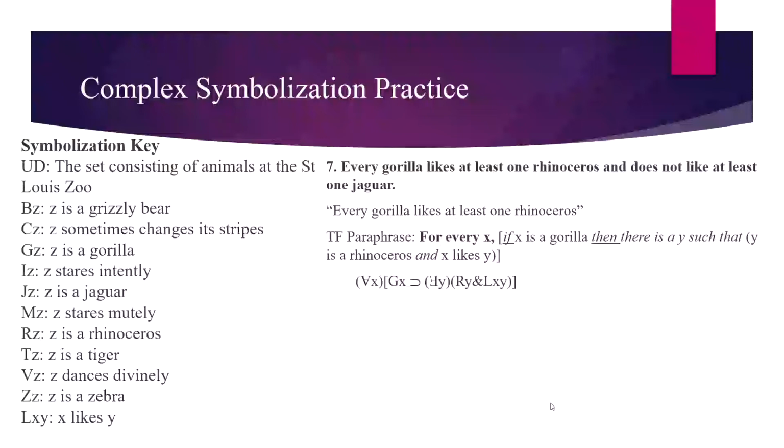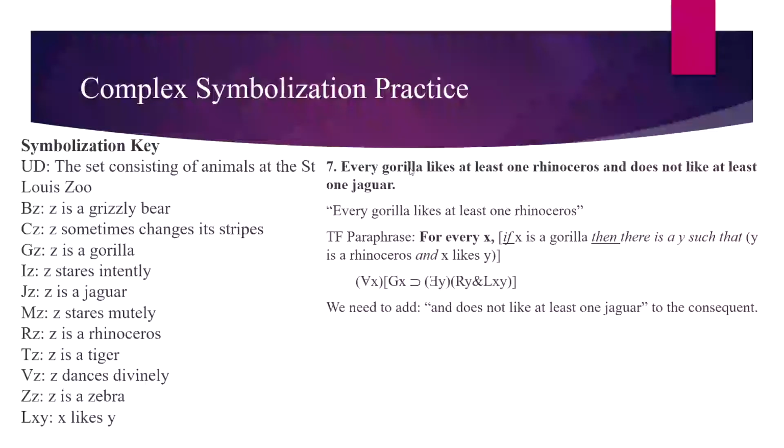Now we need to figure out how to add in that and does not like at least one jaguar. You might think we leave this alone and add a conjunction somewhere out here on the outside of these brackets, right? But notice that the subject of does not like at least one jaguar is still every gorilla. So what we add in here to say, and every gorilla does not like at least one jaguar, is going to be part of that consequent.